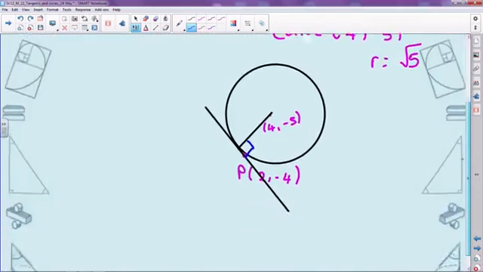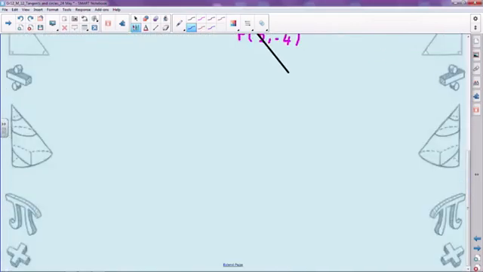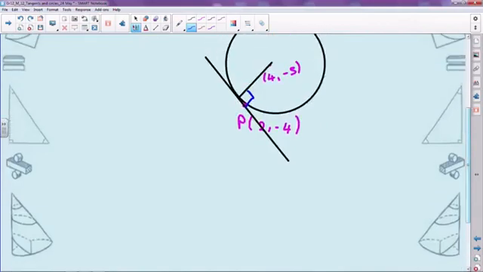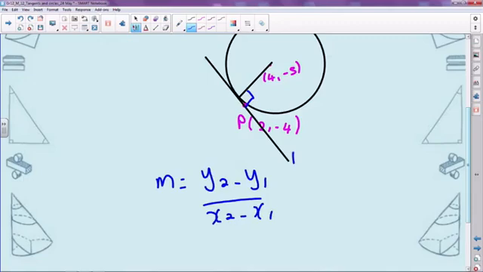Let's answer the question. The first thing we're going to do is work out the gradient of the straight line. I know that the gradient is going to be (y2 - y1) over (x2 - x1). The straight line I'm talking about here is the tangent.